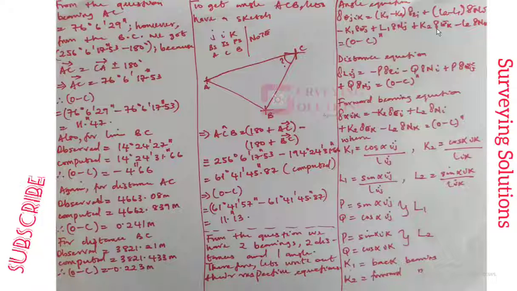They are for angles. So when you come to your K, the delta easting for your K, which is your foresight, the coefficient is K2. Then the coefficient for your delta northing is minus L2. So by the time you are able to understand it like this, as we progress, you are going to see the beauty of it. Now they are all equal to the observed minus computed in seconds.